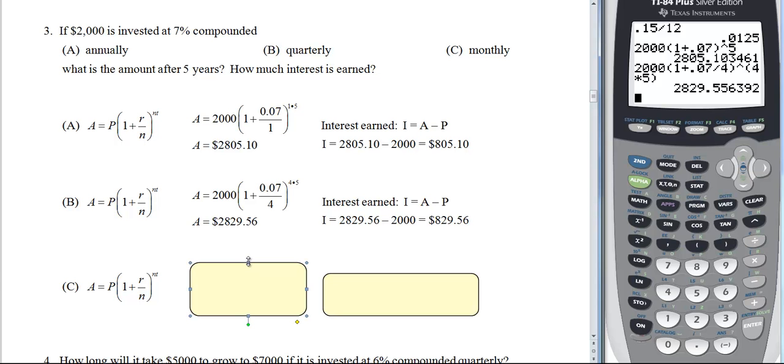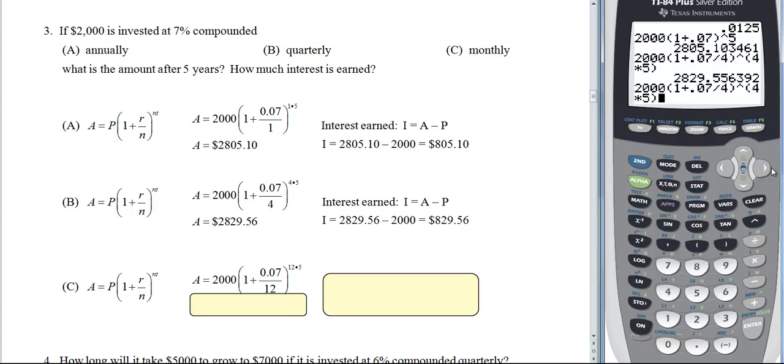So putting in the information, the only thing that's going to change is my n is going to be 12. So let's see if I did that. I did. And if I put it in my calculator, doing that second enter just saves me a little bit of time.